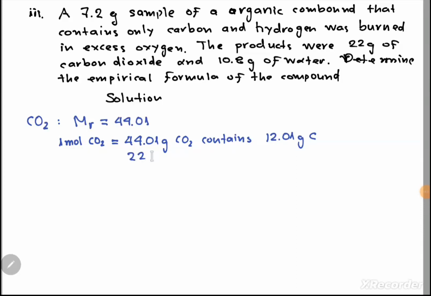In 22 grams of carbon dioxide, we have M1 grams.